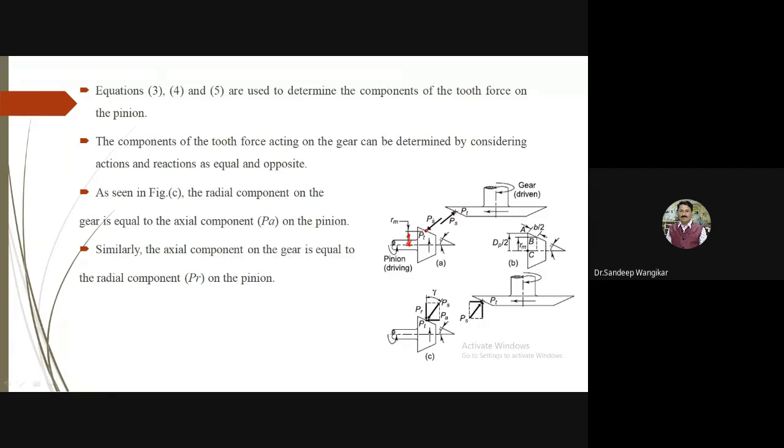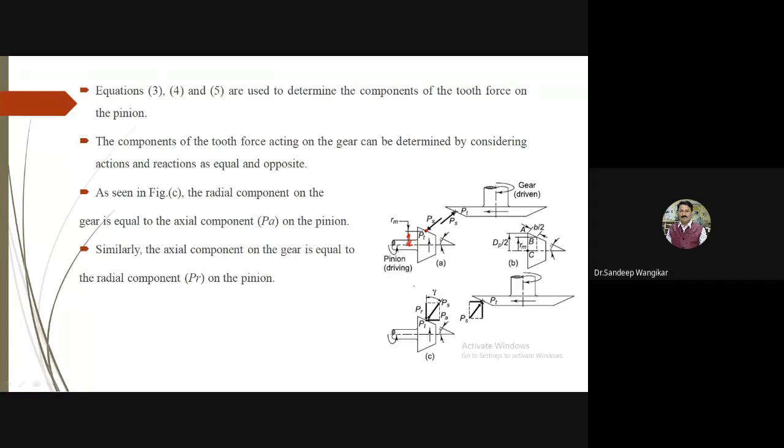PT is perpendicular to the plane of the paper, or if you are using a mobile, perpendicular to the mobile. We cannot show it, so try to imagine the PT. Therefore, PT is not shown here.